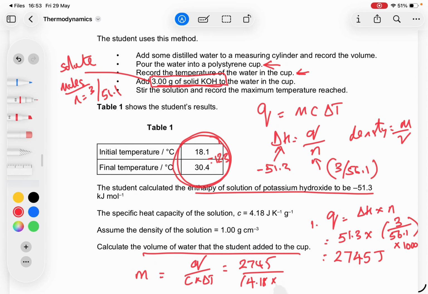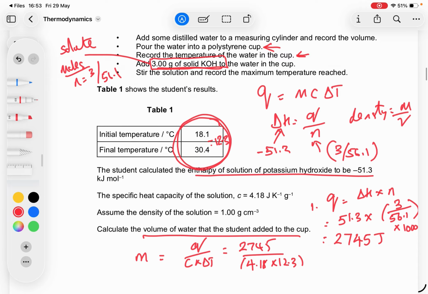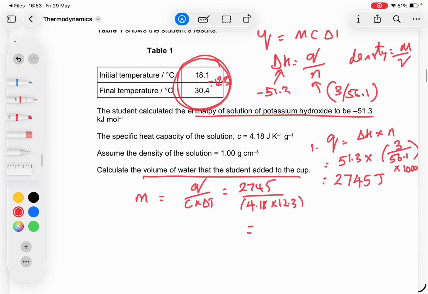Times that by 12.3, and you get an answer for mass, which depending on where you round off, should be around 50. But it all depends where you are rounding off here really, I would say.